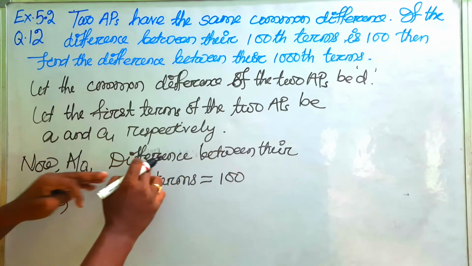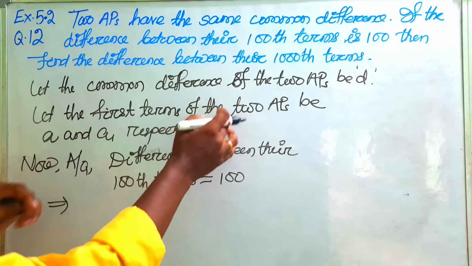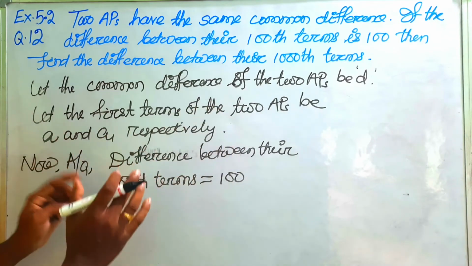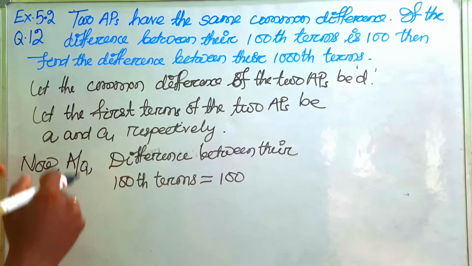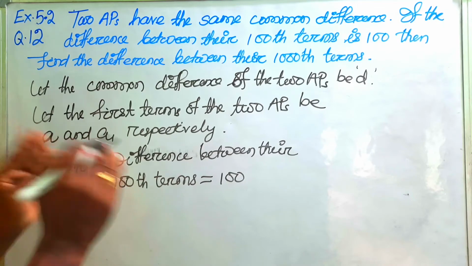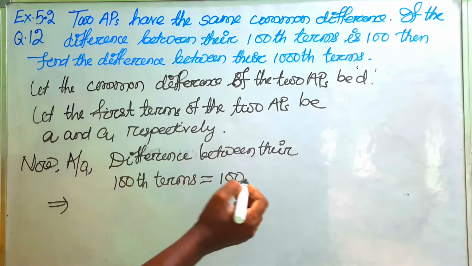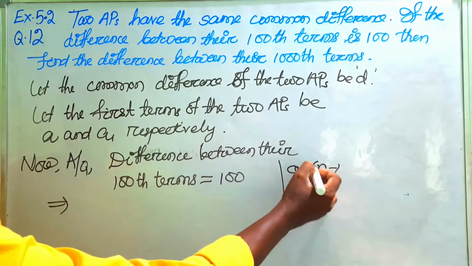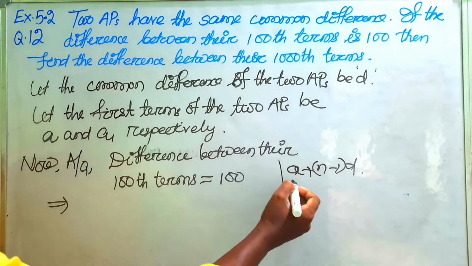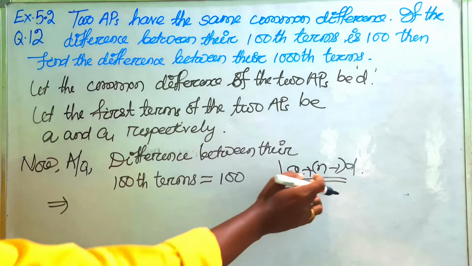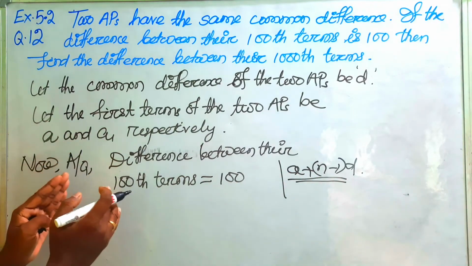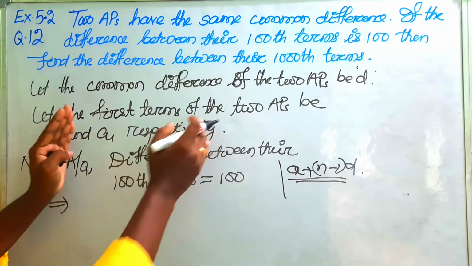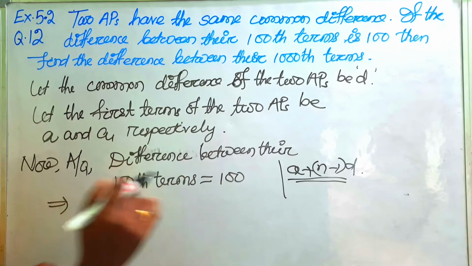So how will we find the 100th term of the first AP and the second AP? You just take them and take their difference. Now we will apply the nth term formula. What is the nth term formula? A plus n minus 1 into D. Applying this formula, we will find the 100th terms of the two APs, then take their difference.